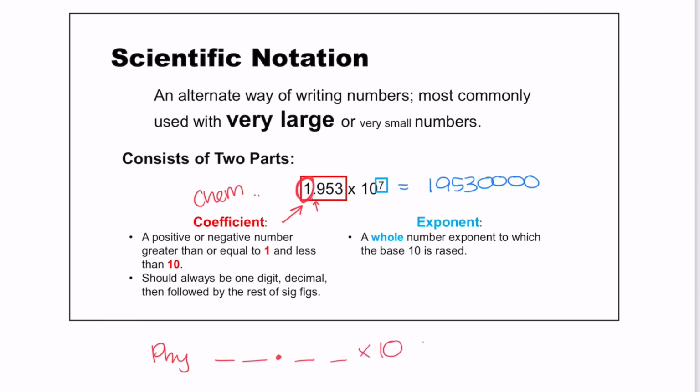Theirs looks more like this, but we don't do that because it makes more sense for physics to be working in parts of tens. But since our numbers are easier to calculate using the ones place, we only have 1 digit, okay? So we're gonna stick to our rule of chemistry of just doing 1 digit. And then the exponent is however many powers, and this is how I remember it: how many times did you move the decimal? That's the exponent, okay?